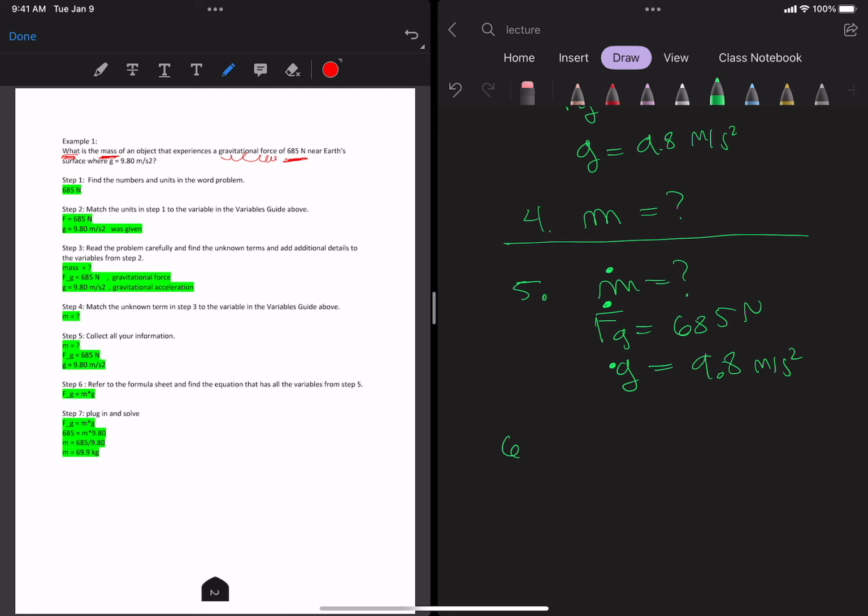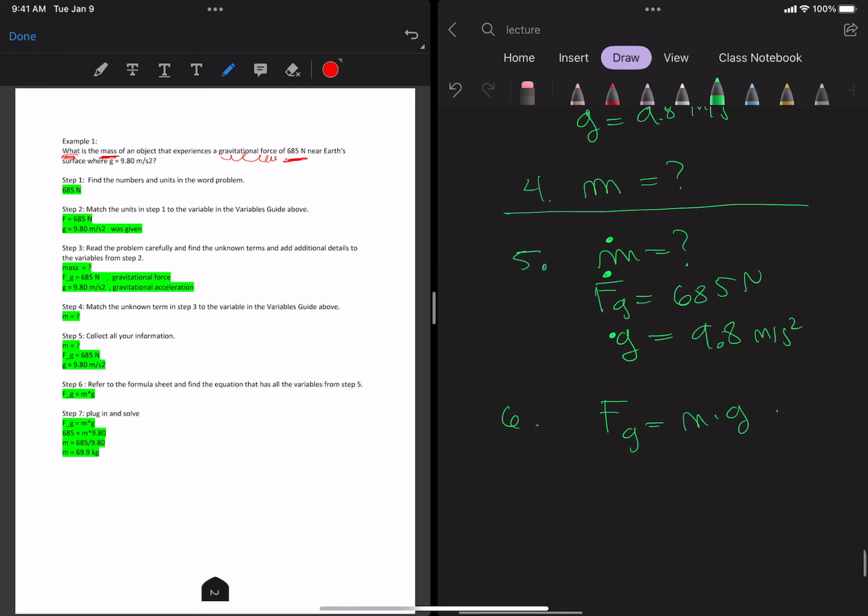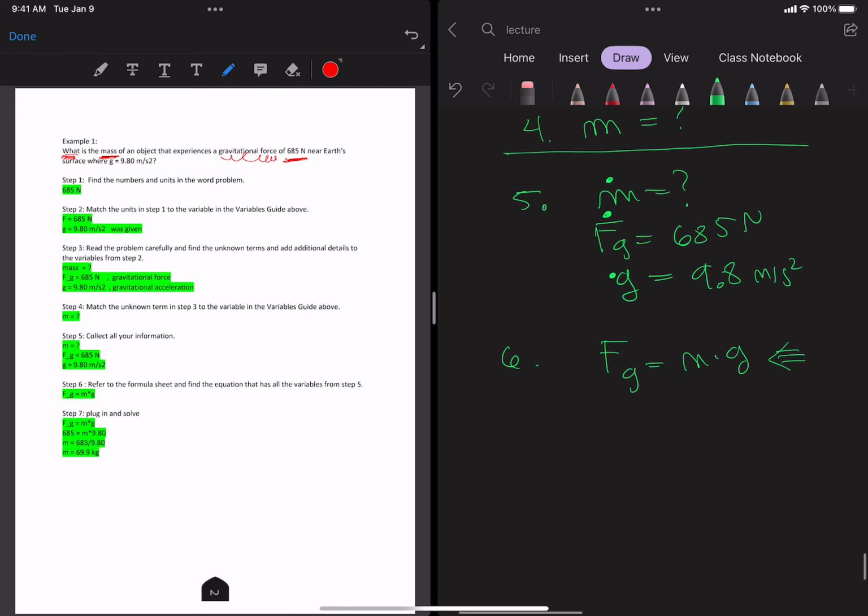So step six, we found the equation FG is equal to m times g. This is the purpose of today's exercise: to follow the procedures in order to find the right equation. Afterwards, this is just algebra. We just have to plug in. So 685 equals m times 9.81, and solving for that, you should get that m is equal to 69.9.